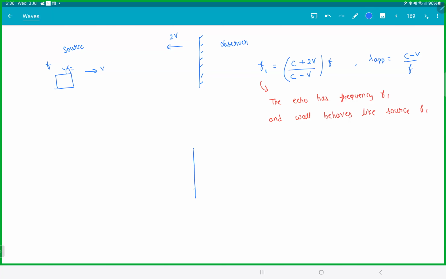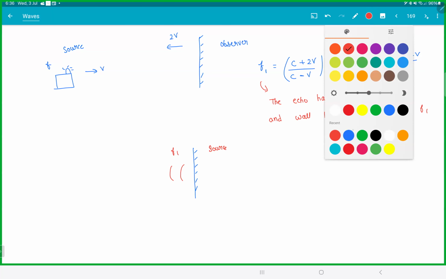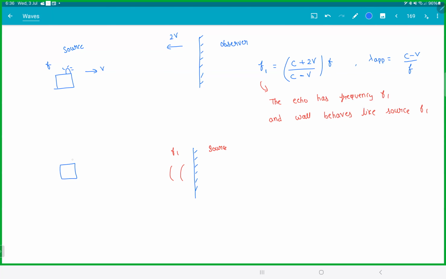Now the second part of the question. Now the sound is coming from here, whose frequency is F1. This is my source. This guy is coming with V, and this guy is my observer, the driver in the car.